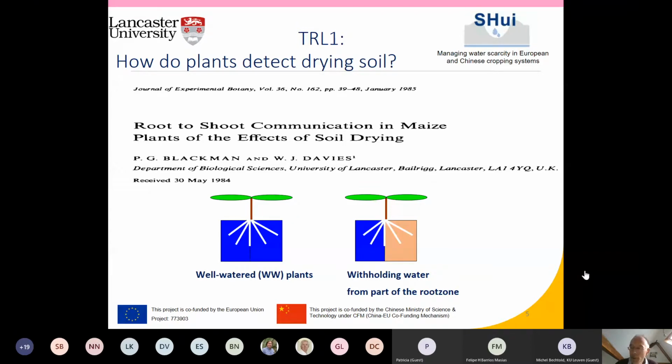Now, if they were interested in the impacts of drying soil distinct from the impacts of plant-water relations, it was necessary to try and slow down the rate of drying soil. And in this case, there was a fairly ingenious split root system developed. The initial experiments were with maize plants with their root systems grown between two pots.